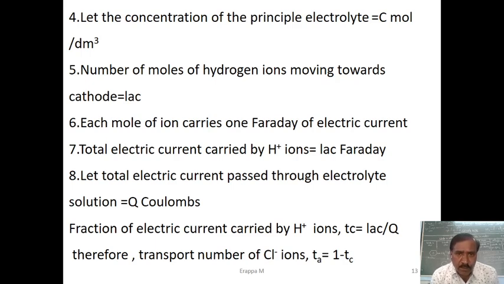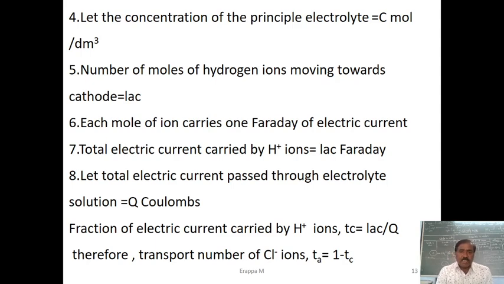Next point is the number of moles of hydrogen ions moving towards the cathode. Totally, the hydrogen ion carried towards the cathode is LAC, that is the length, area of cross section and concentration. Each mole of ion carries 1 faraday of electric current. Therefore, the total electricity carried by H plus ion is equal to LAC into Faraday.